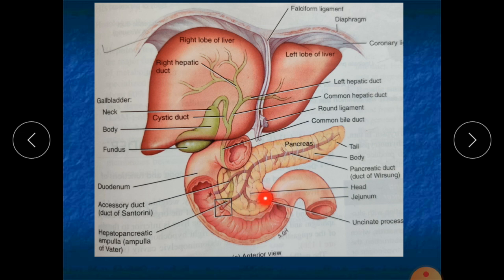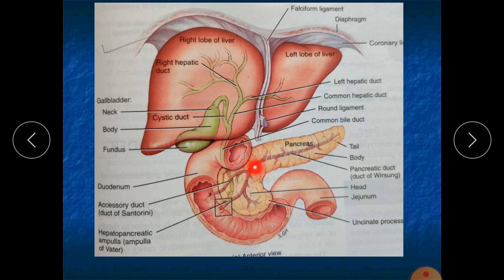So this head has been extended and attached into this curve of the duodenum, whereas the next part is the body, which is the middle part of your pancreas, and the last tapering part is the tail.